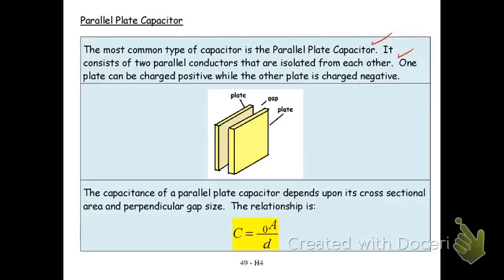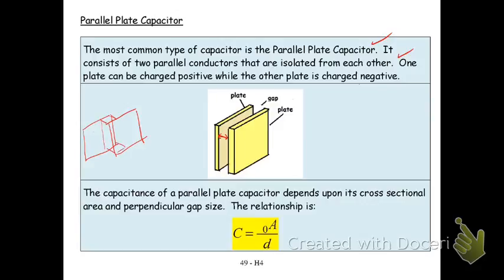The capacitance of the parallel plate capacitor depends upon its cross-sectional area and perpendicular gap. So the gap is between the plates. And the cross-sectional area, in principle, is the cross-sectional area of the gap. So if I were to take a plate like this, and rather than having my second plate parallel to it, if I was to slide my second plate like that, so that the actual parallel bit was like that, so there's the parallel bit.